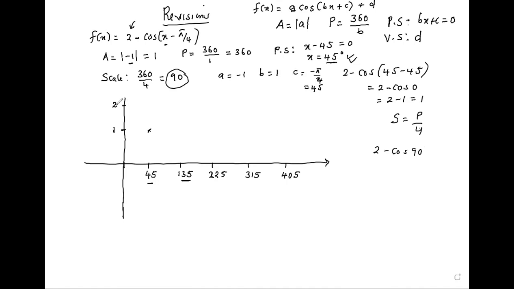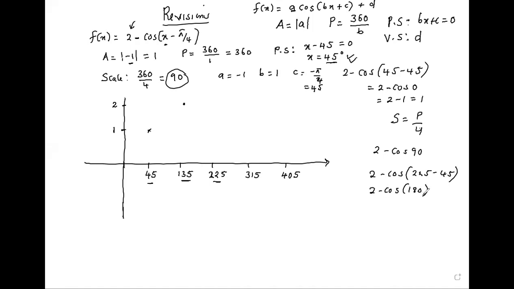The next angle you substitute is 225: you will have 2 minus cos 225 minus 45, that will be 2 minus cos 180.